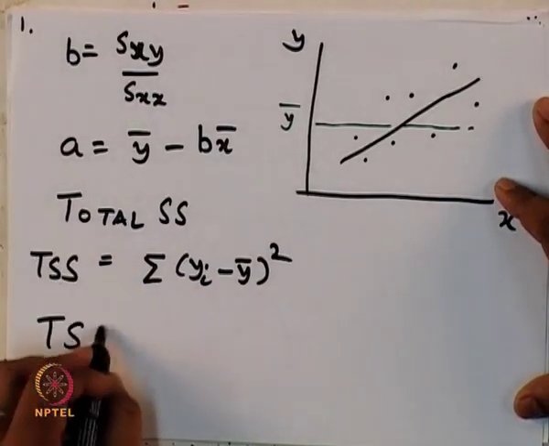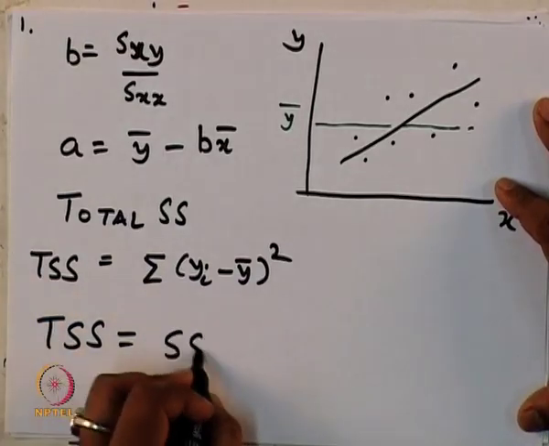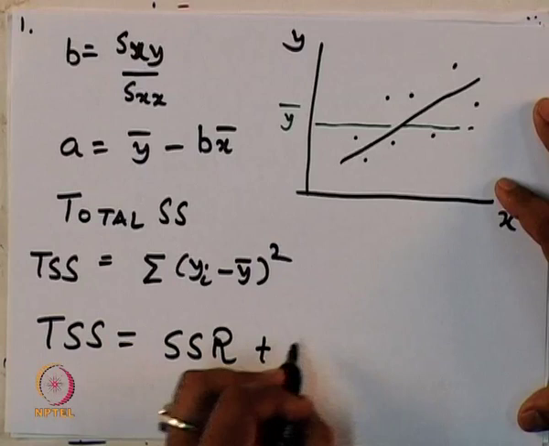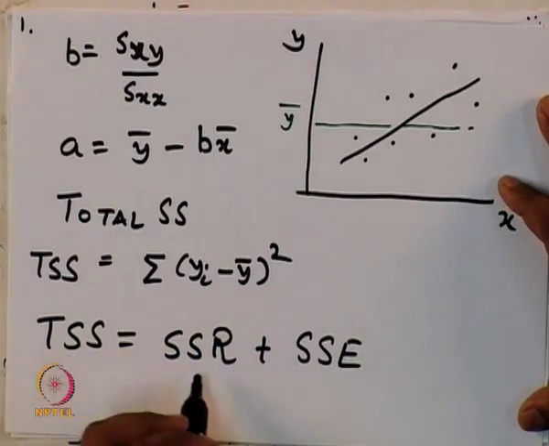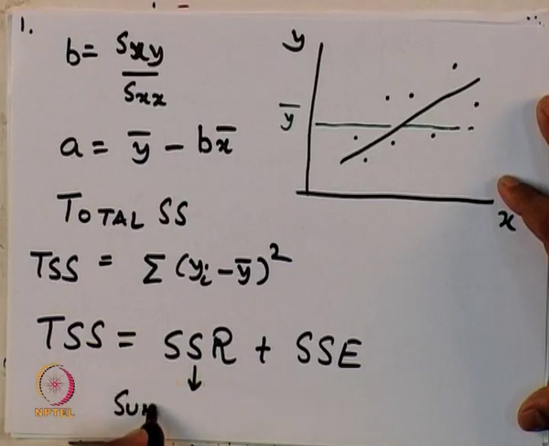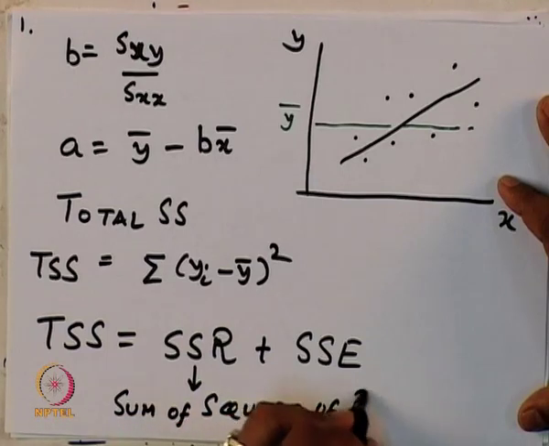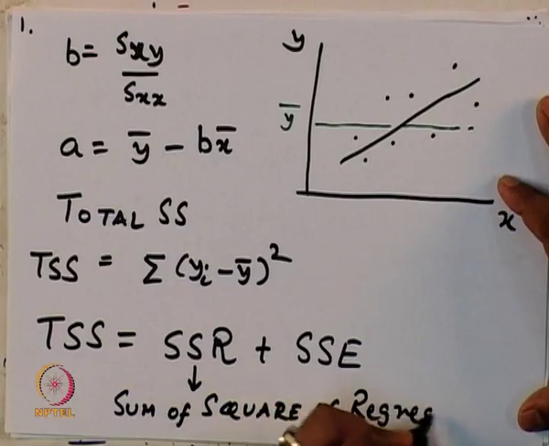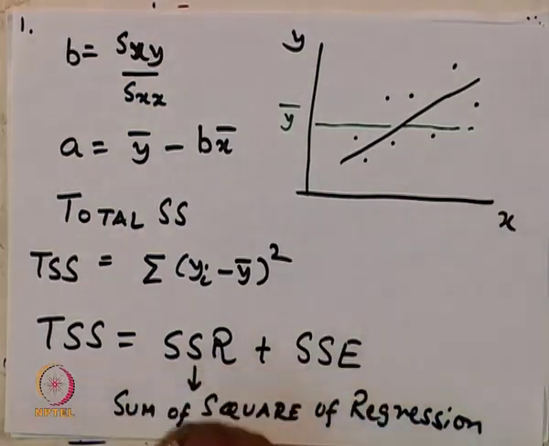So, you want to break down TSS into two components. TSS is a component of sum of squares of regression. At each point, what is the sum of squares of regression?